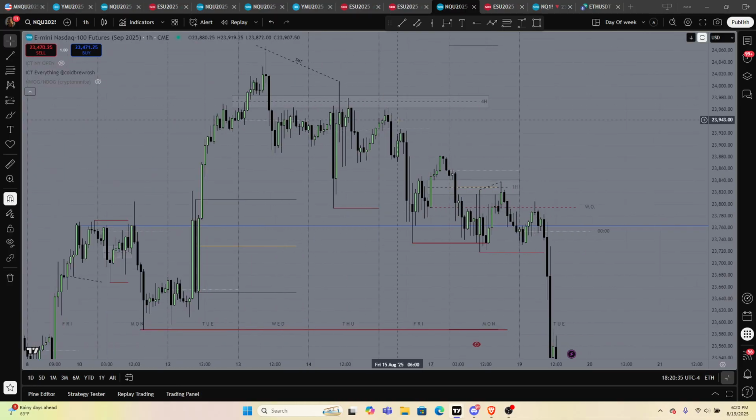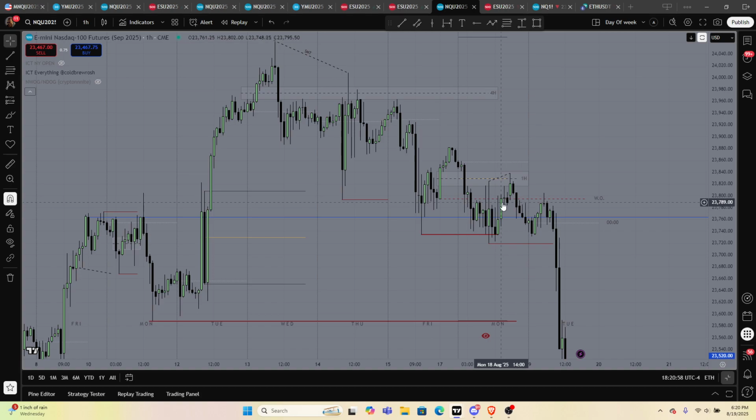So it taps, runs down, market structure shift, market structure shift. Then we open up on Sunday, create an hourly BPR. Gets used, Monday gets tap dipped into, and then we don't really do much on Monday.